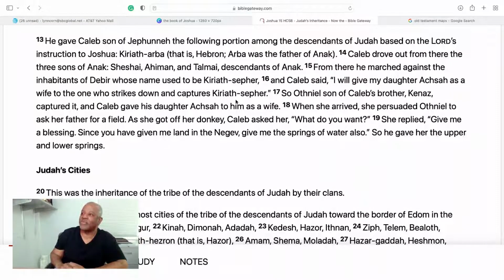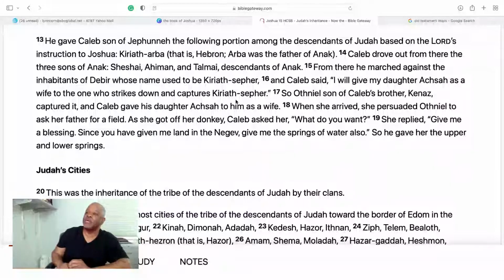Caleb drove out from there the sons of Anak, Sheshai, Ahiman, and Talmai, the descendants of Anak." Now these were, by the way, giants, the land of giants. We'll get more familiar with them later. Of course, David would have his run-in with these giants, the Philistines, by the way.